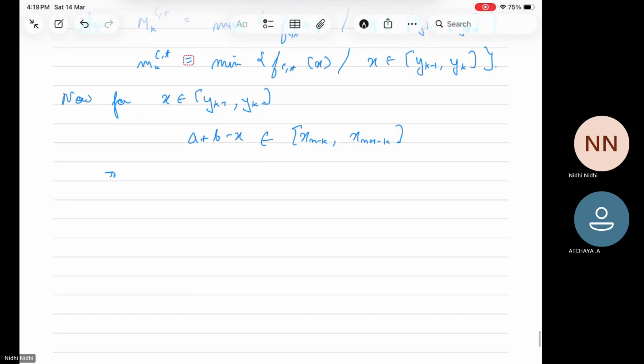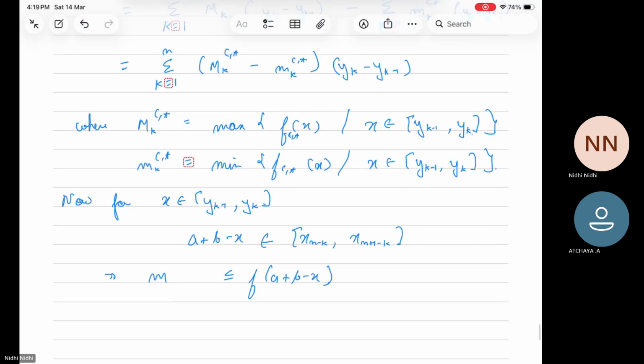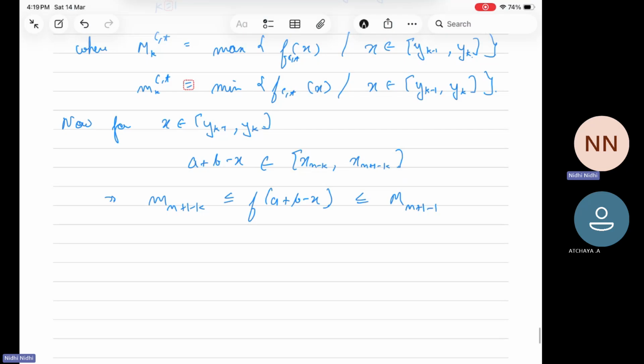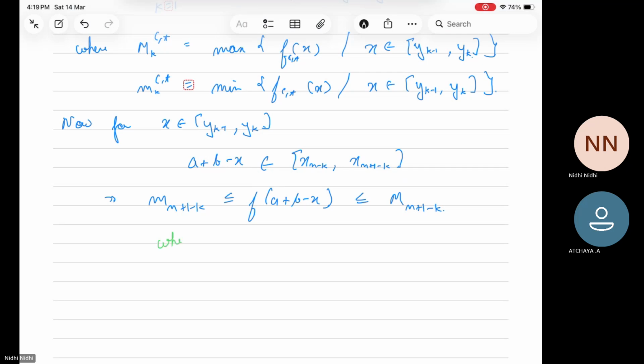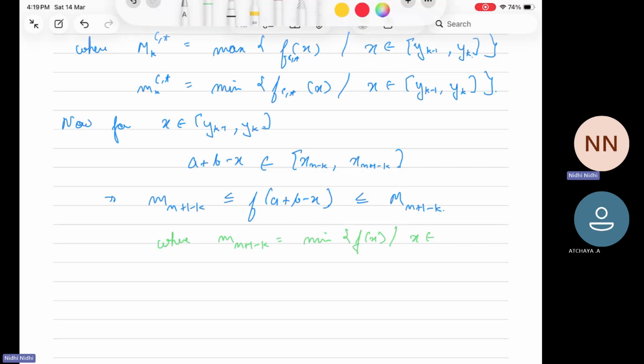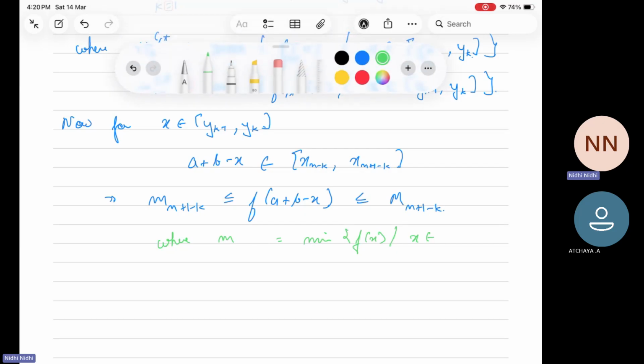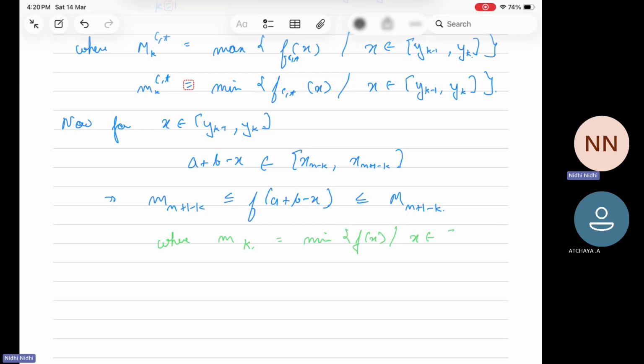So that means f(a + b − x) is greater than or equal to small m_{n+1−k}, up till capital M_{n+1−k}, where m_{n+1−k} is the minimum of the function f when x belongs to, or instead I should write just m_k, to make it easier to understand, x_k to x_{k+1}.